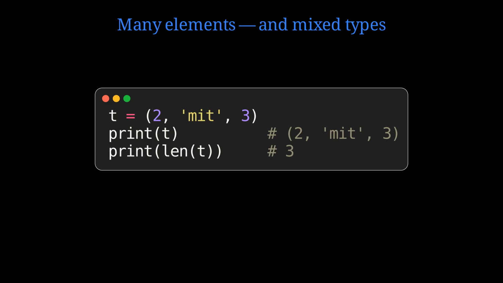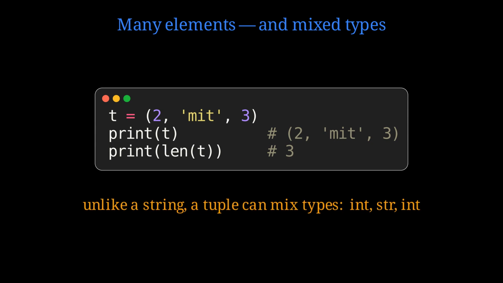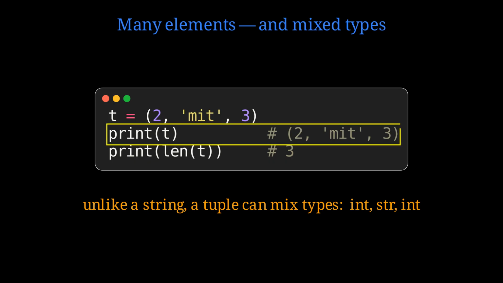A tuple can mix and match types. Integers, strings, floats, booleans, any object at all can sit side by side in one tuple. A string had to be all characters, but a tuple has no such restriction. Still, just like a string, the elements keep their order. First stays first, and the last stays last.